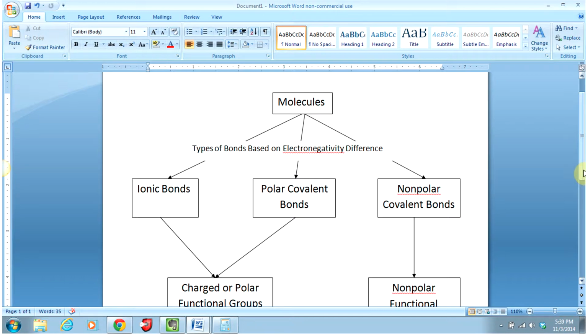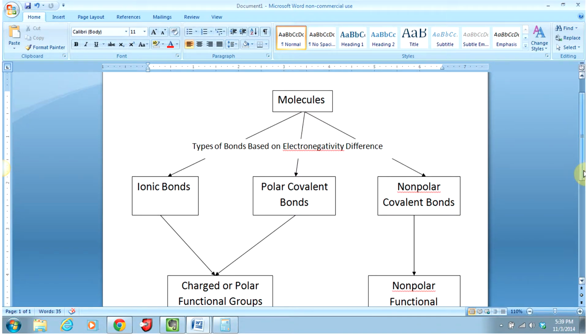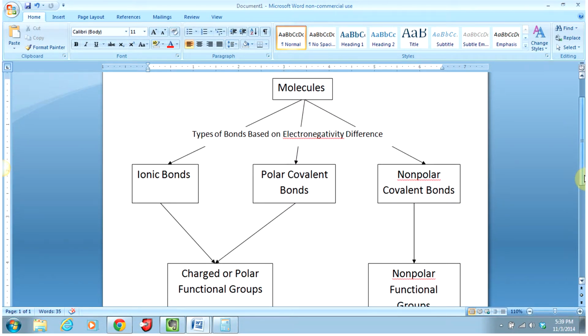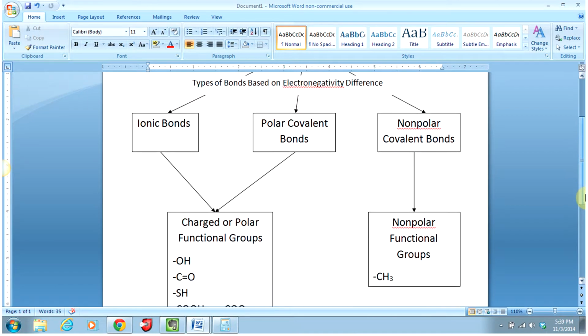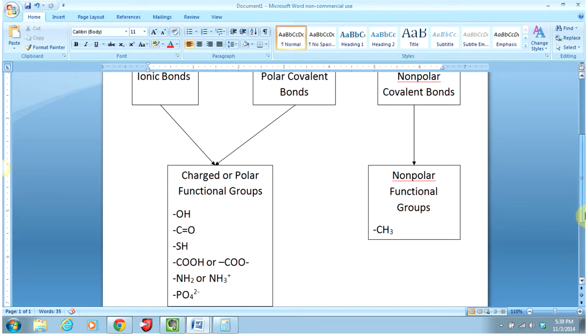So when two atoms are connected by ionic bonds or polar covalent bonds, they end up with either full or partial charges. We have a few examples of functional groups, which are groups of atoms that occur within molecules commonly that are either charged or polar.